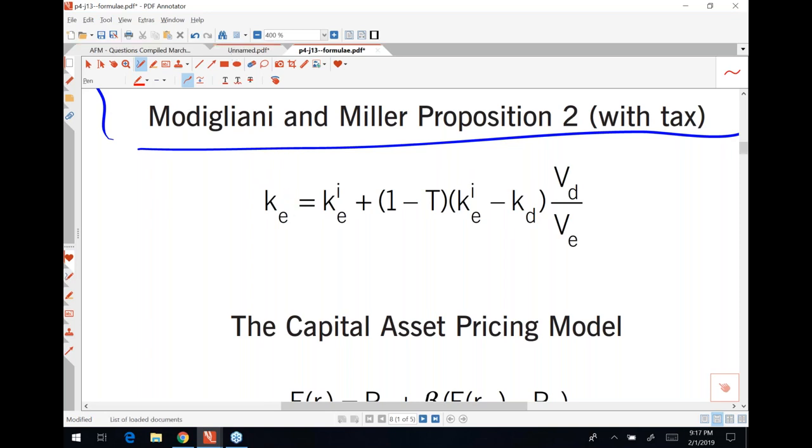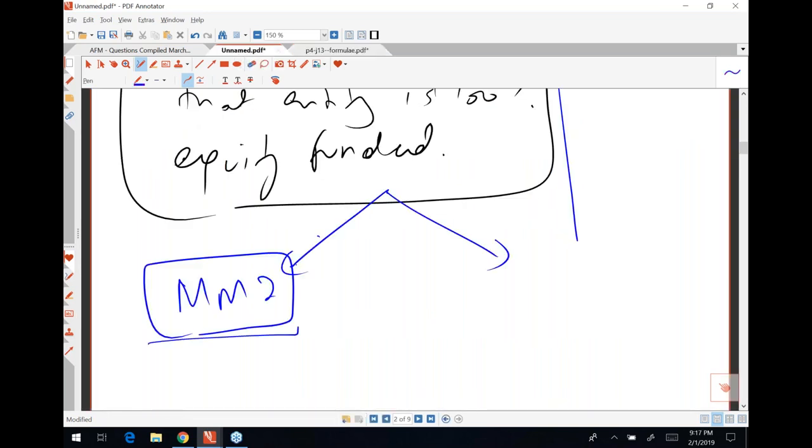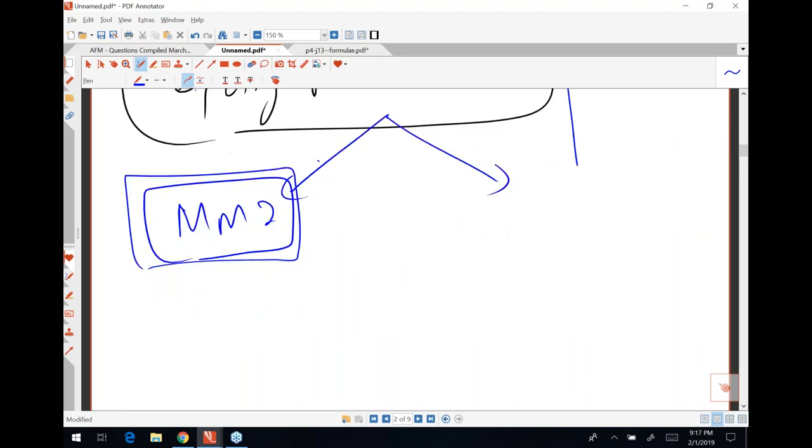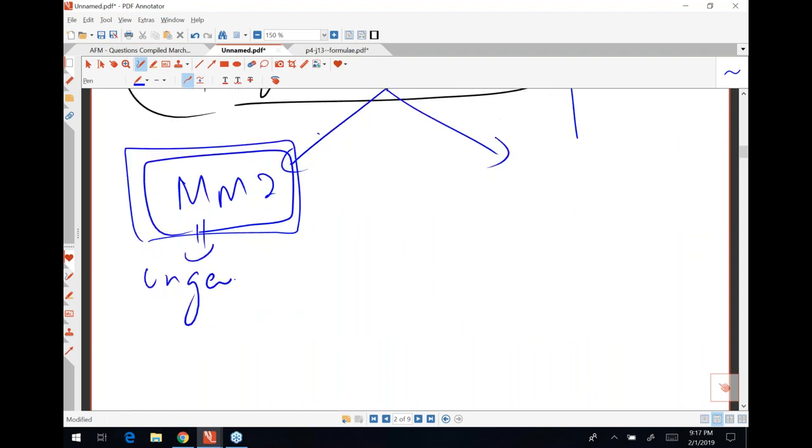If we have to calculate the APV, one of the formulas you could use is the MM2. Through this MM2, you could calculate the ungeared cost of equity of the entity.